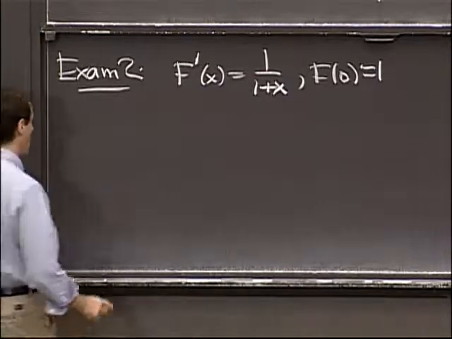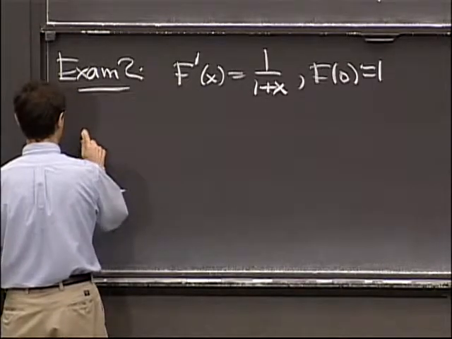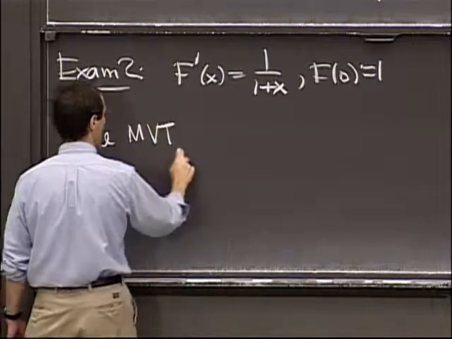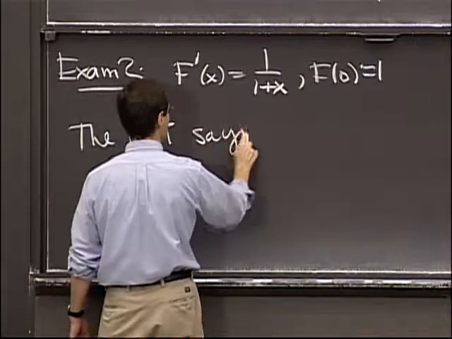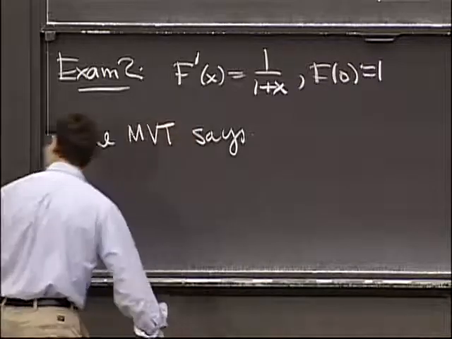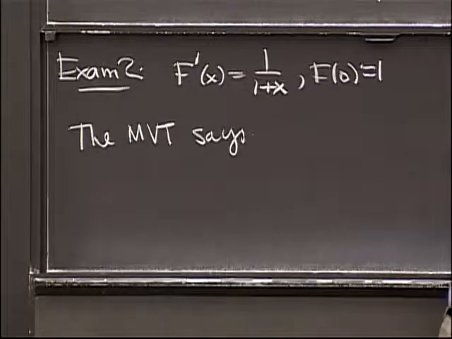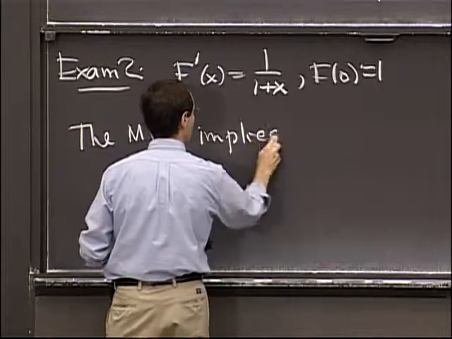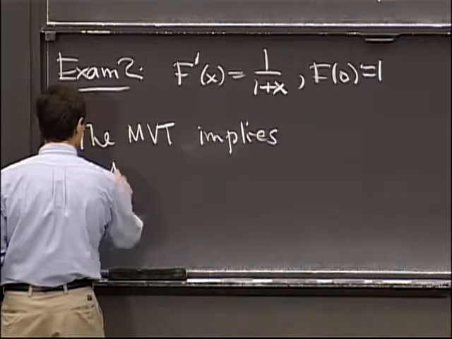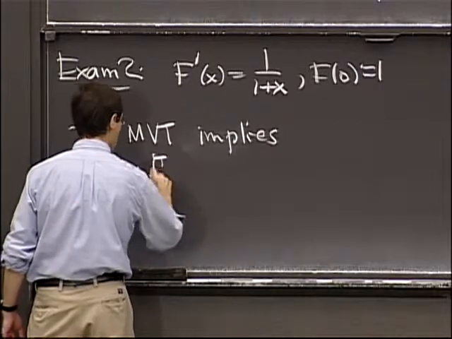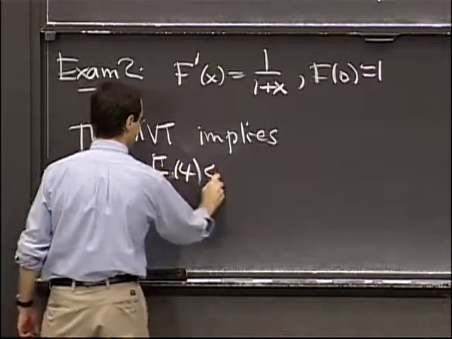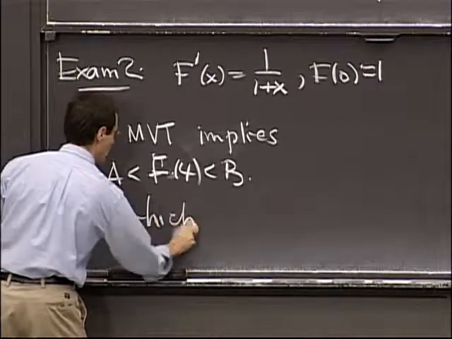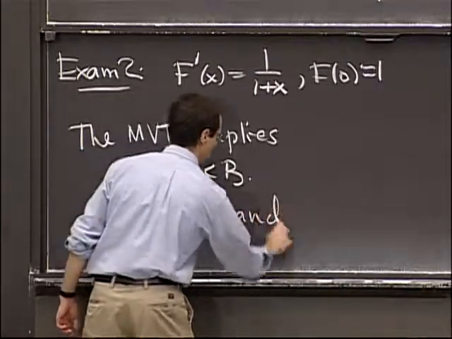And then the question was: the mean value theorem says, or implies, if you like, it doesn't say it, but it implies, that A is less than capital F of 4 is less than B, for which A and B?